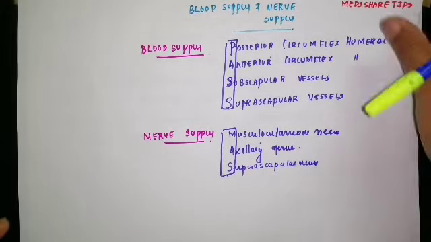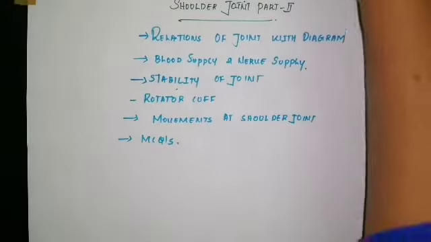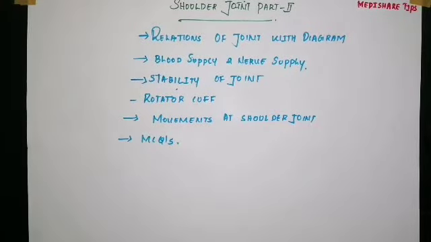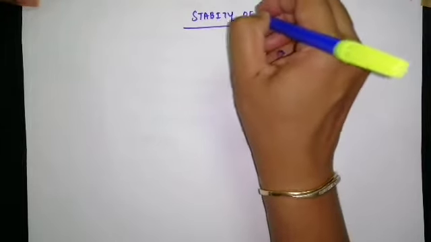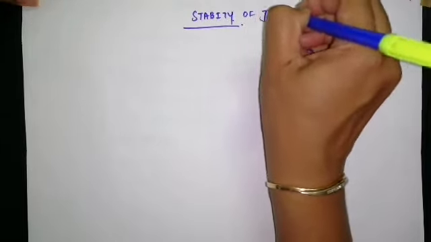Now we will discuss the stability of the joint, that is, the factors contributing to the stability of the joint. We will also discuss the rotator cuff.